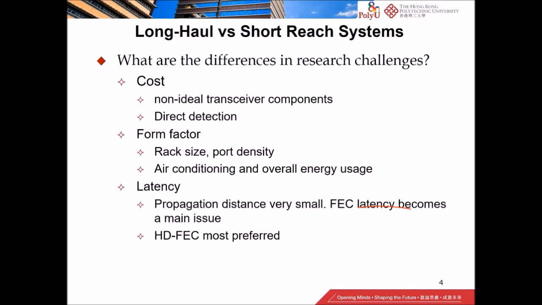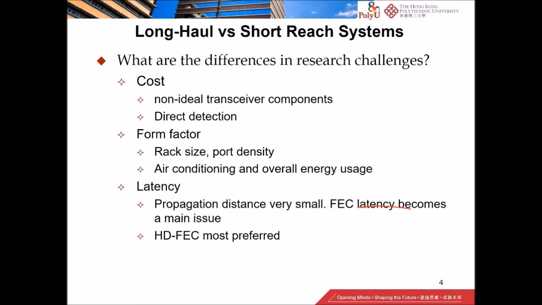In that case, a lot of the forward error correction, the FEC codes that we use for long-haul systems, become a problem when you put them in short reach, because the FEC has some latency. If the time it takes for the signal to transmit from the transmitter to the receiver is so much smaller than the time it takes to process the signals at the receiver, then it doesn't make sense.